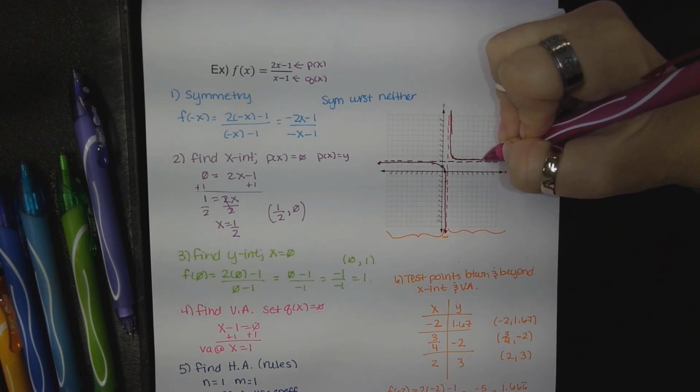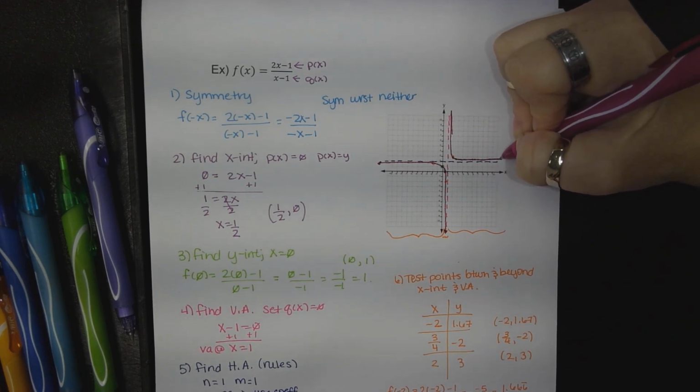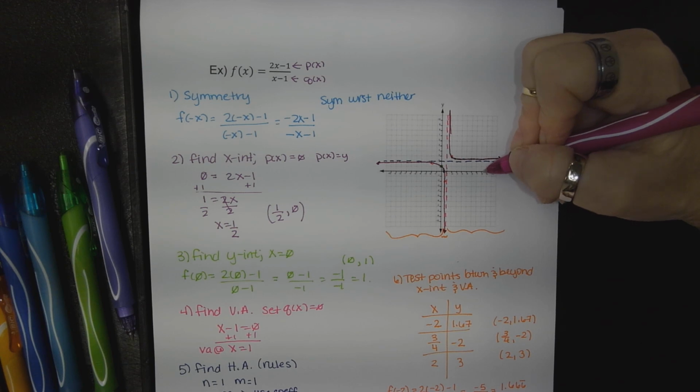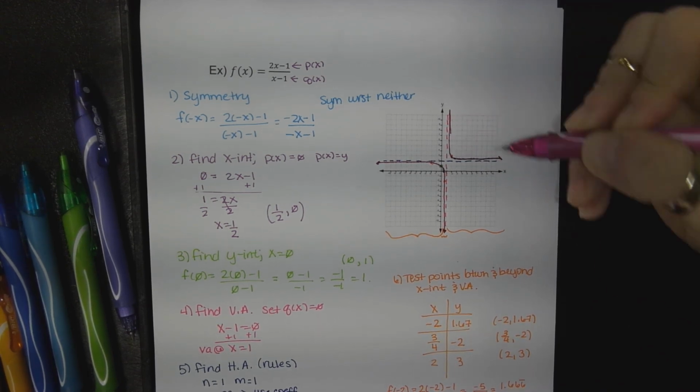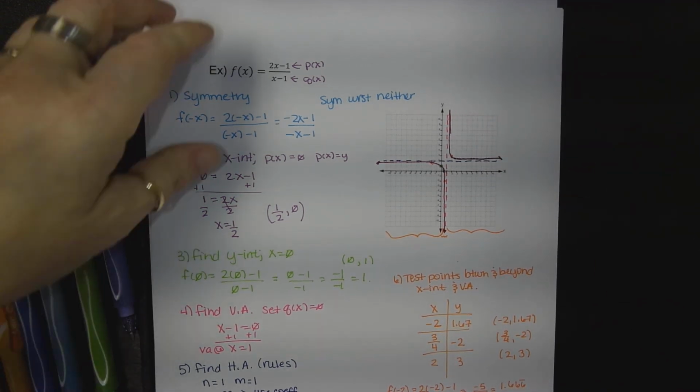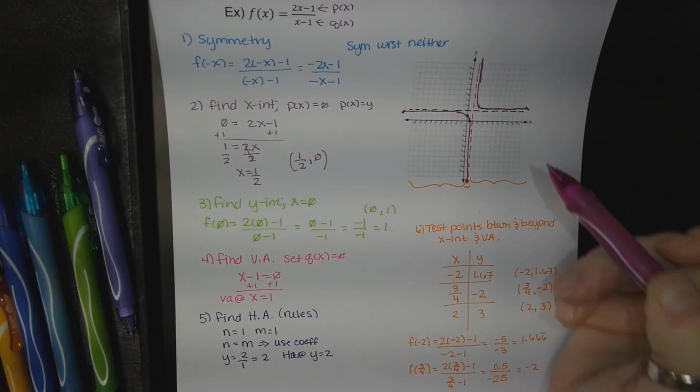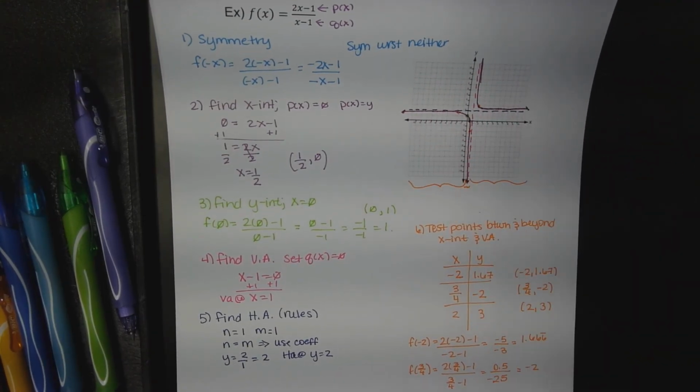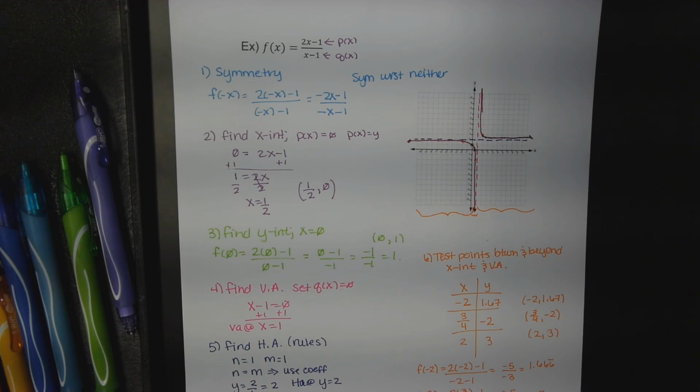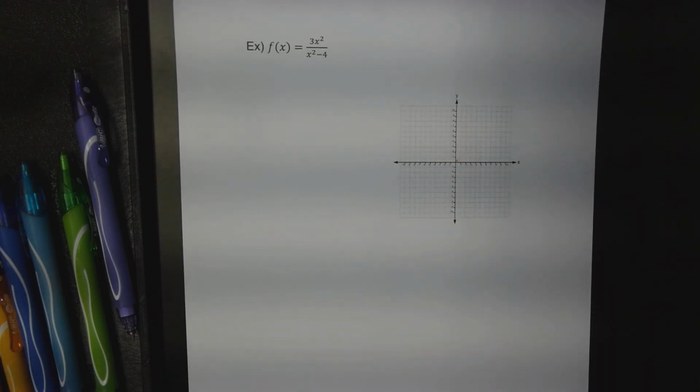If you wanted to take more points, you could, so that you can see exactly where it touches over here on, like, say, 8, or over that way. But that was enough points for you to see that this is going to turn and go that way, and that one turns and goes that way, okay? That's how you graph the rational. All right, let's do another one.